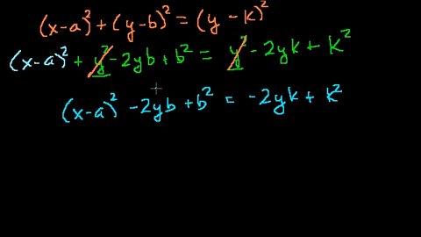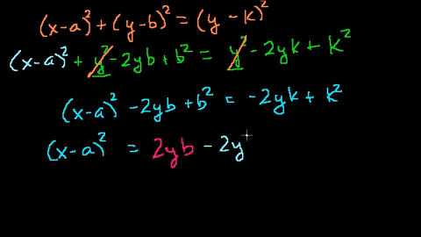So if we move both of these terms onto the right-hand side, we add 2yb to both sides, so we get x minus a squared is equal to 2yb minus 2yk.